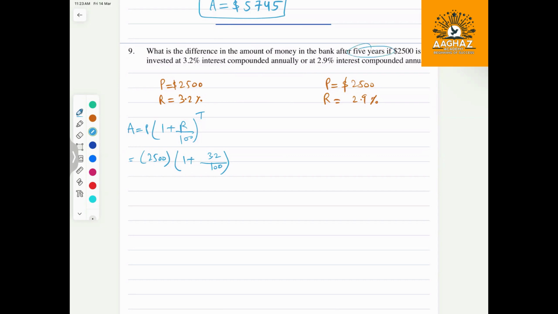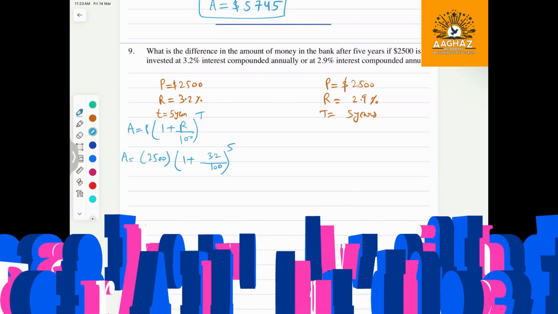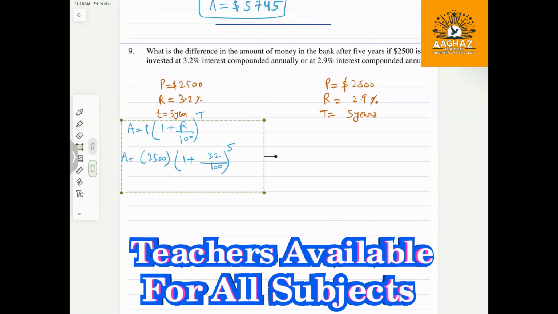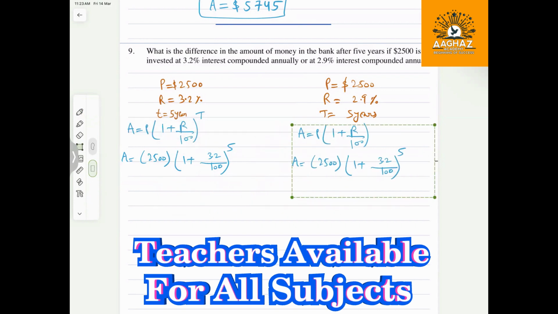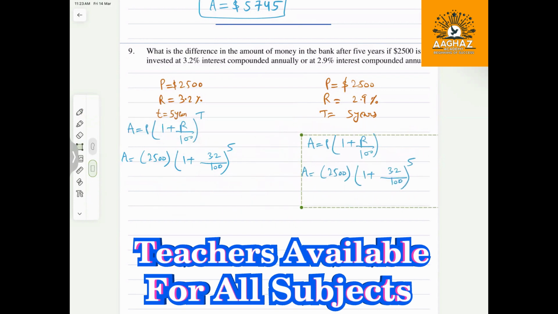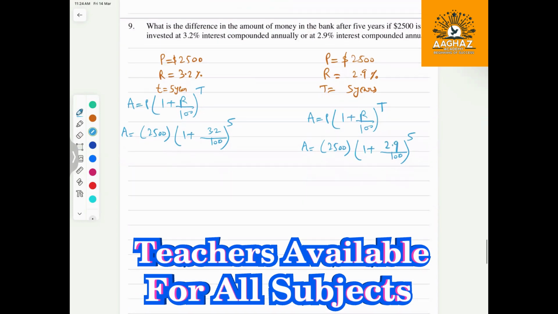Time is 5 years. Time for both is given as 5 years, so we will take 5 in the time place. And the same one I will write for the other one. But in this case, I will change some value. The rate is changed: in the first part it is 3.2 and here it is 2.9. The remaining part is the same.